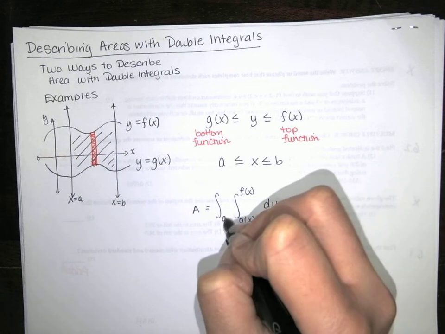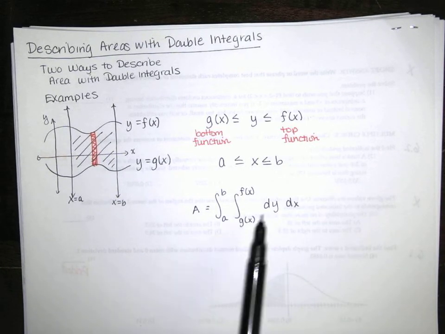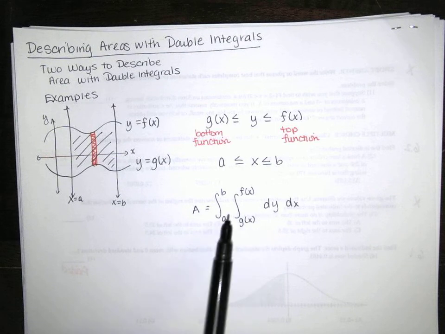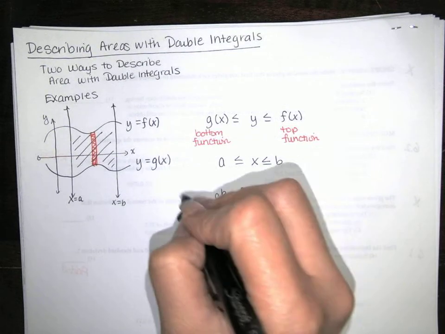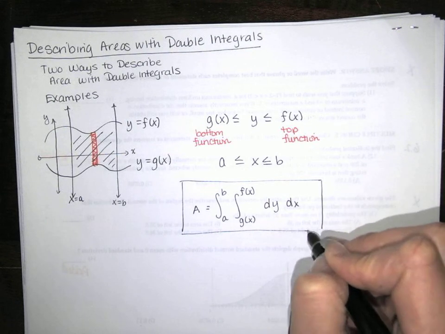We would do that last. And the reason we do this is because when we integrate this with respect to y, and then replace y with f of x and g of x, then we just end up with a regular integral, a regular Calculus 1 integral with respect to x.